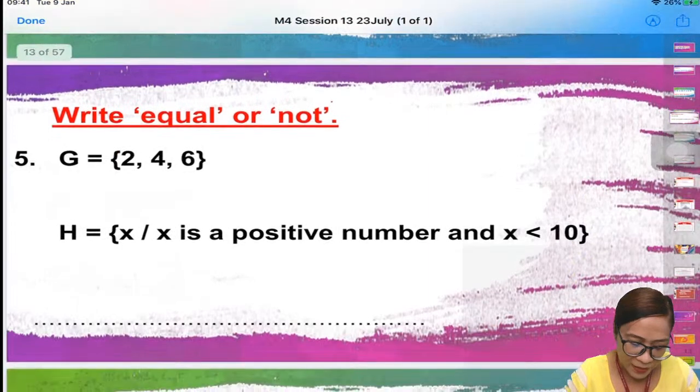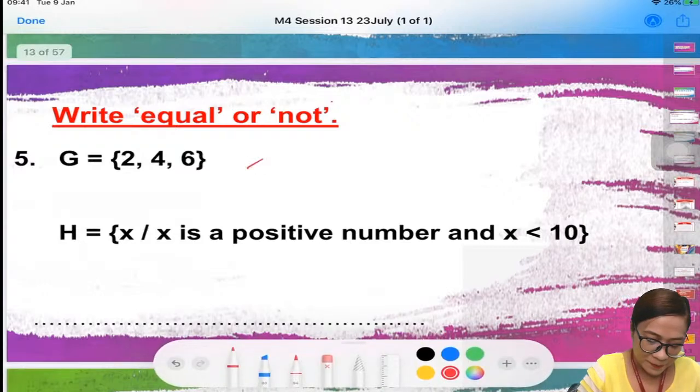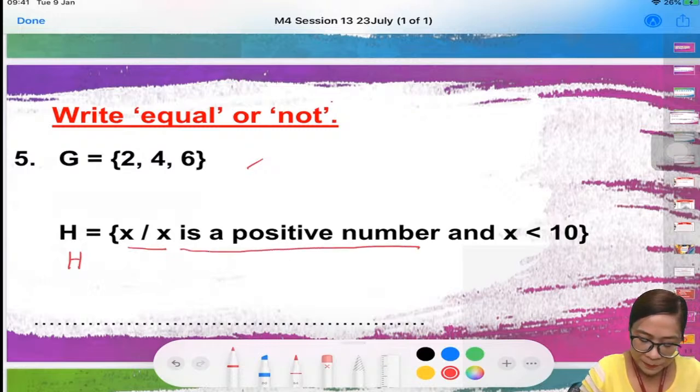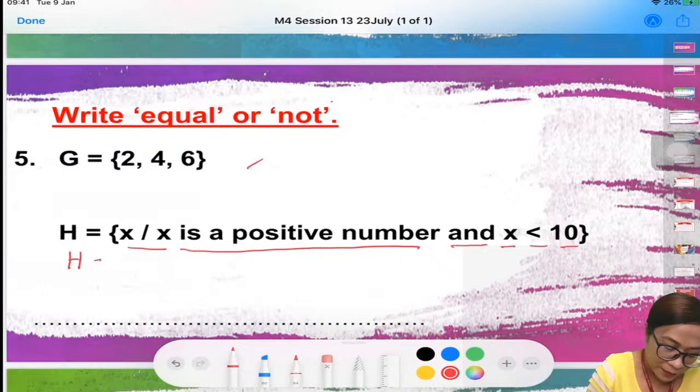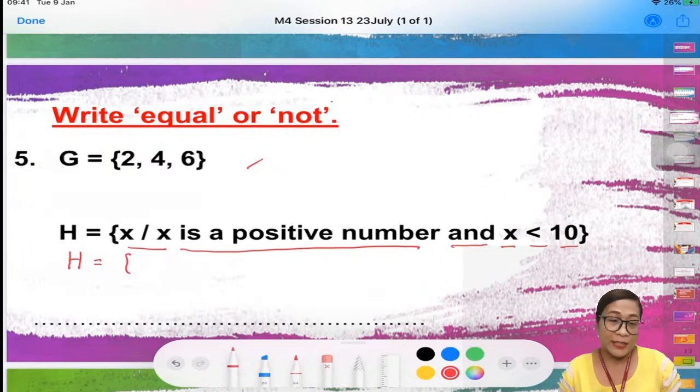Number 5, equal or not. G is a set of 2, 4, 6. This is already in roster form. And H is the set of all x such that x is a positive number and x is less than 10. So we can write it first in roster form, so it's easy for you to find the answer. Is it equal or not?